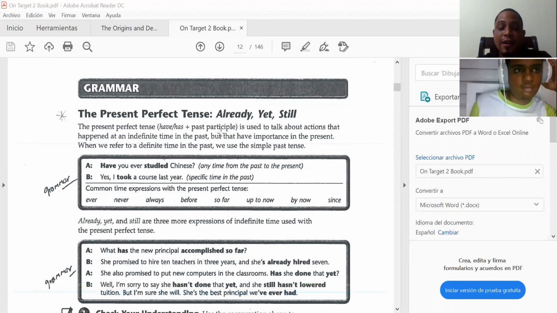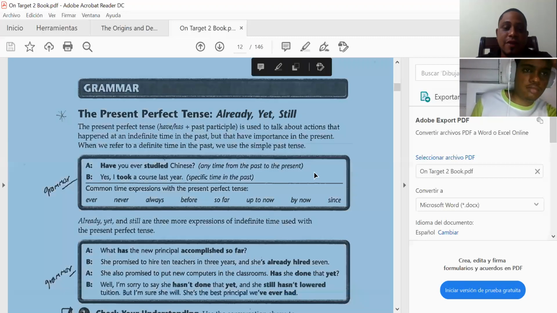We also said that with the present perfect, we use different words, and we had 3 main words. We had already, we had yet, and we also had still. There are more words, like ever, never, always, but we mainly focus on those 3 because those are very important.